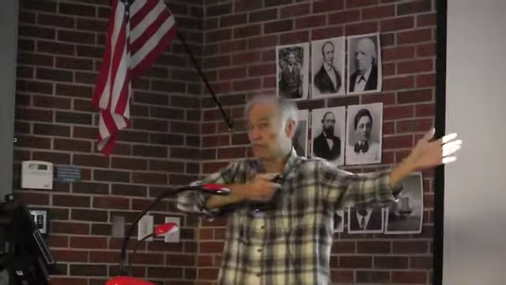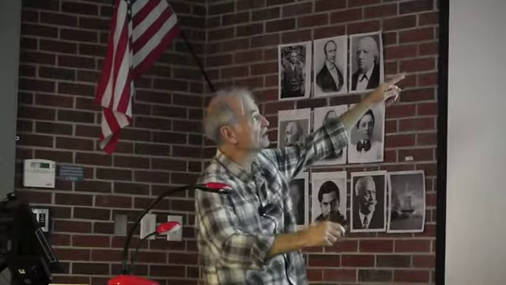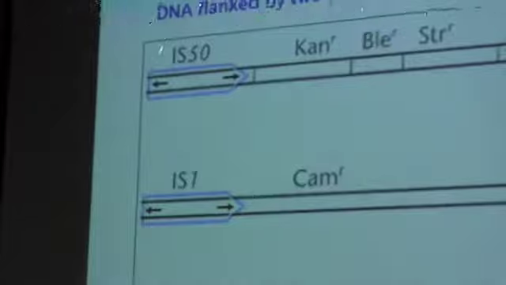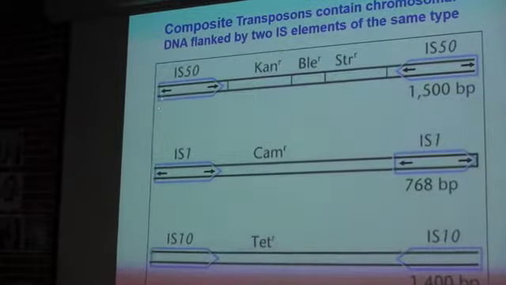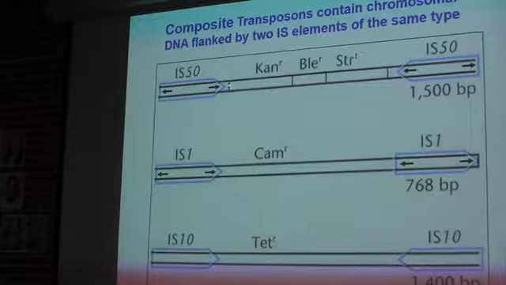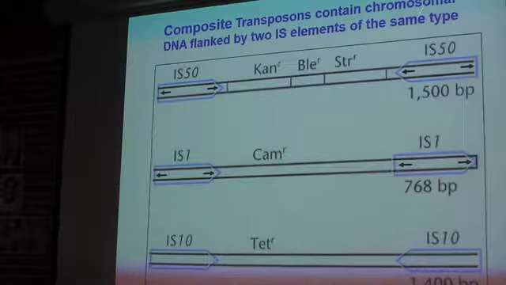In order to move as a unit, you're going to have to cut on the outside extreme inverted repeats. You can't cut on the internal ones because then you would cut the individual ones out.